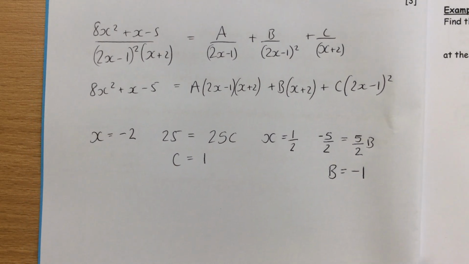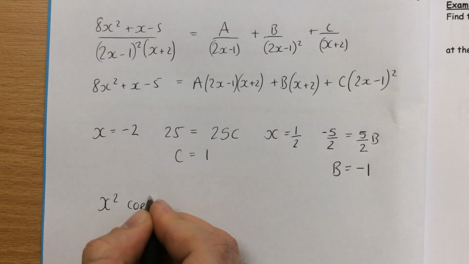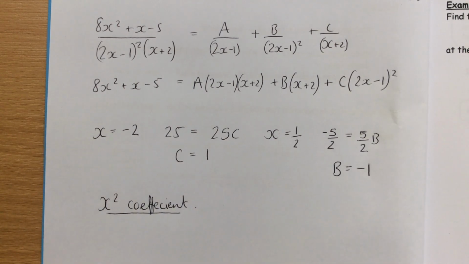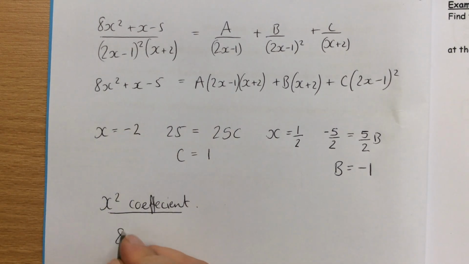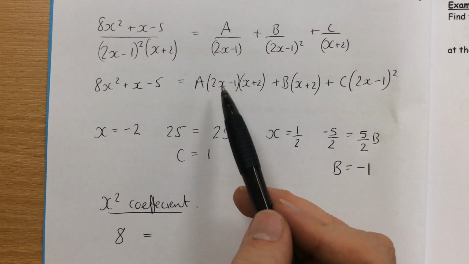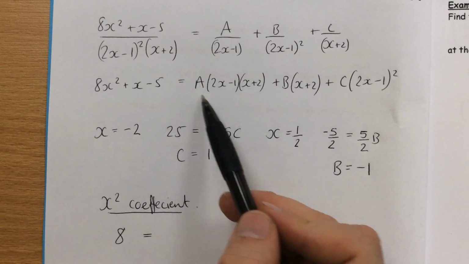And then to find the third one, we look at the x² coefficients between the left-hand side and the right-hand side. On the left-hand side, the number in front of the x² is 8. On the right-hand side, if I expand this bracket, I'd get 2x² and times by an a, so I'd get 2ax² from here.